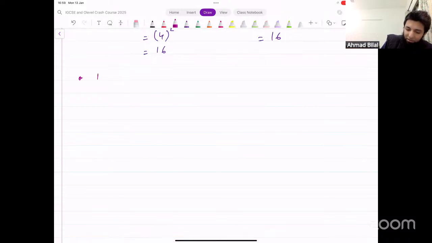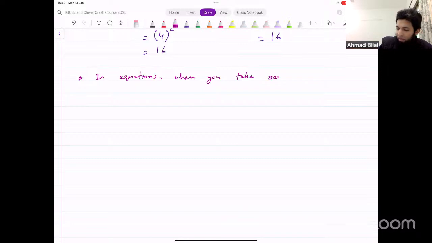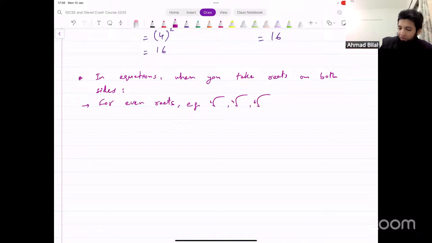In equations, when you take roots on both sides, for even roots, for example, square root, fourth root, sixth root, you put plus minus on both sides.